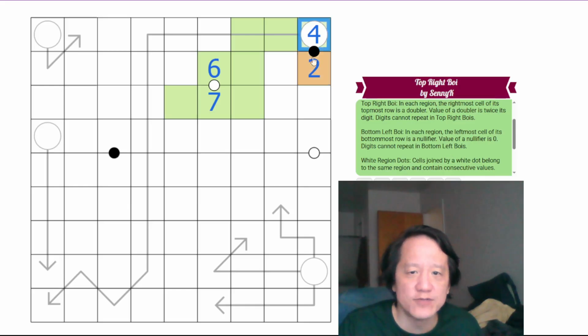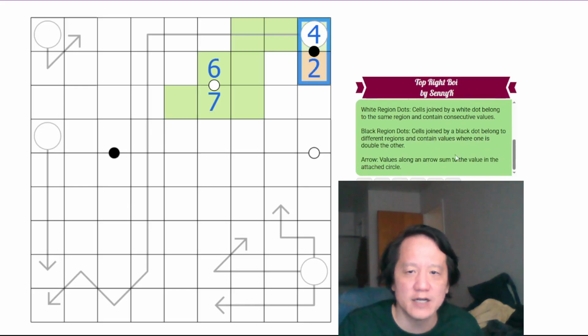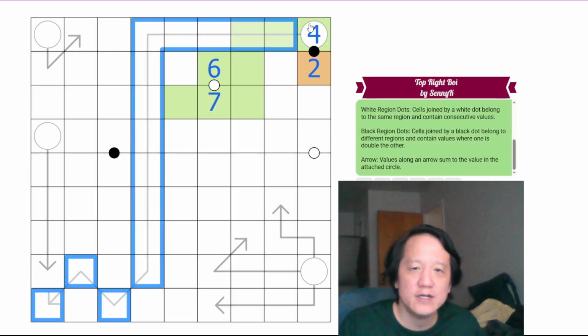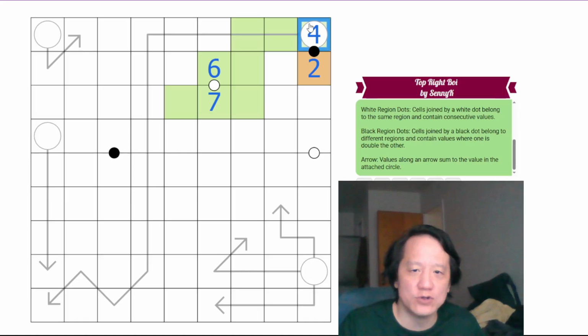And they have to be in different regions, because the black dot indicates they must be in different regions. And finally, values along an arrow sum to the value in the attached circle. So the values along this arrow are equal to the value in the circle.